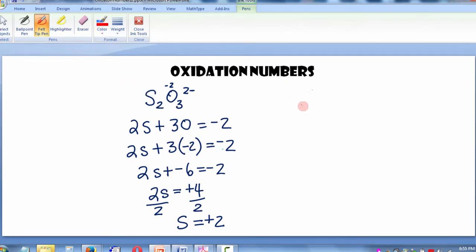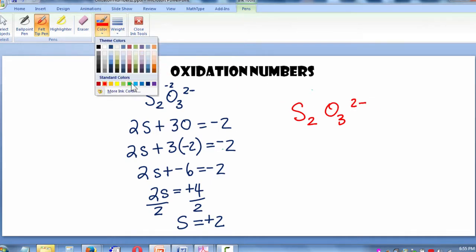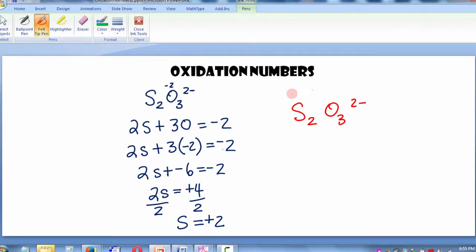Let's check that. S2O3 2-. We know that oxygen is -2. That's a straight giveaway. So we found the oxidation state of sulfur to be plus 2. But we have 2 of those, right?